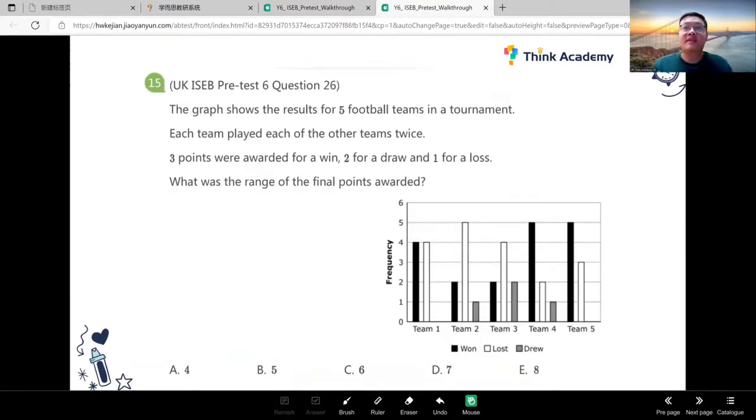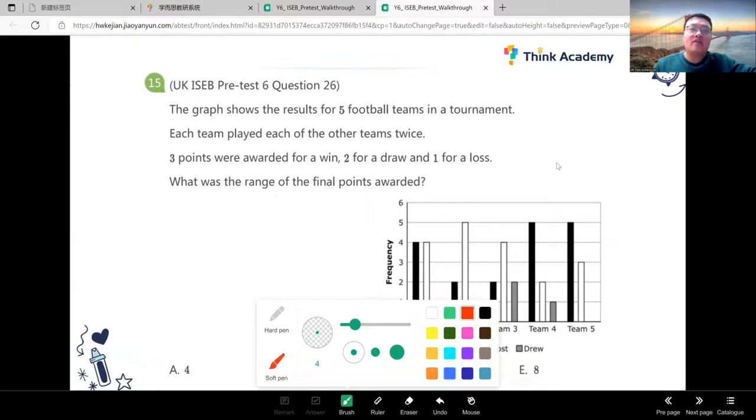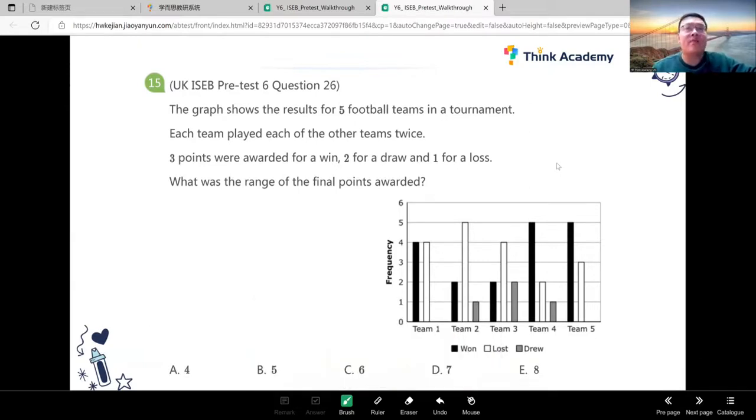This is about statistics, and we are going to learn that in our long-term courses just next week. The graph shows the results for 5 football teams in a tournament. Each team played each of the other teams twice. 3 points are awarded for a win. Whenever you see this kind of question, you need to be really careful.